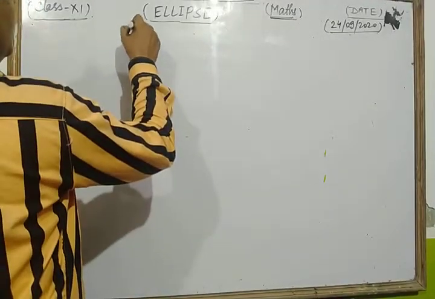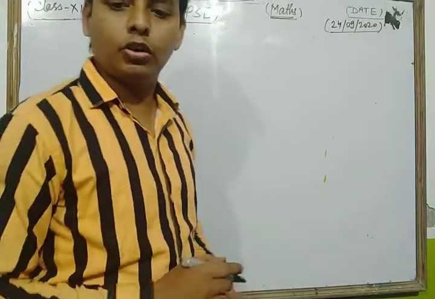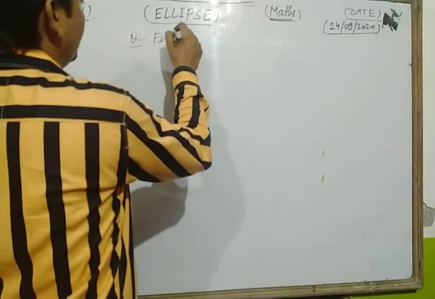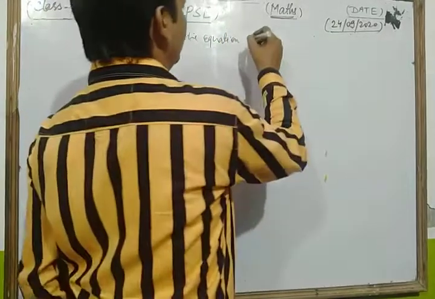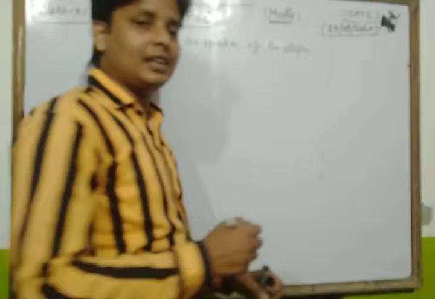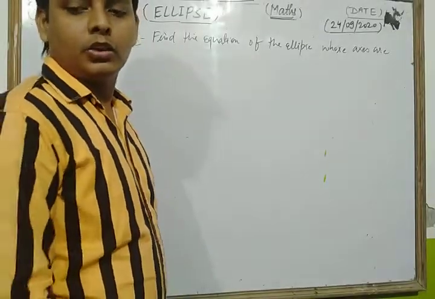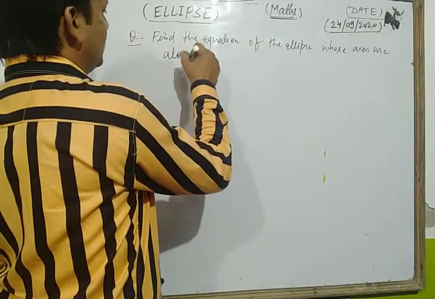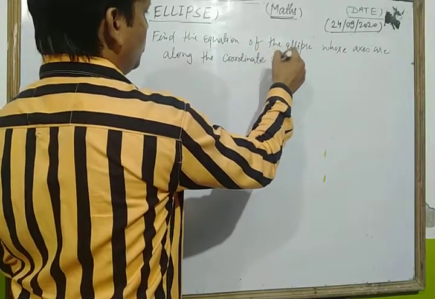Now we take a question. Let's see. Find the equation of the ellipse whose axes are along the coordinate axis.